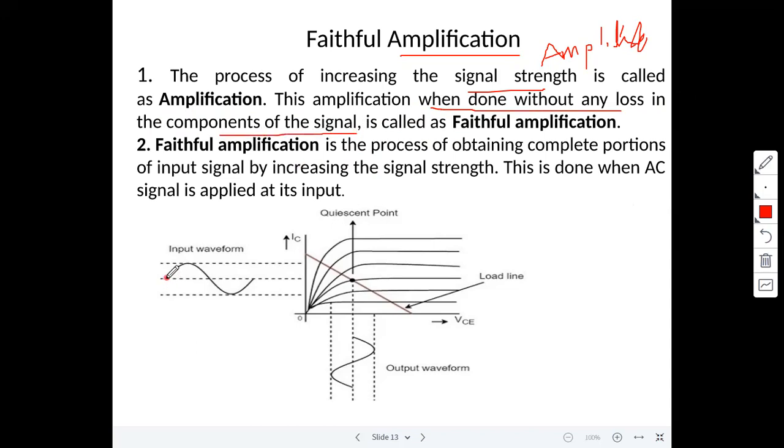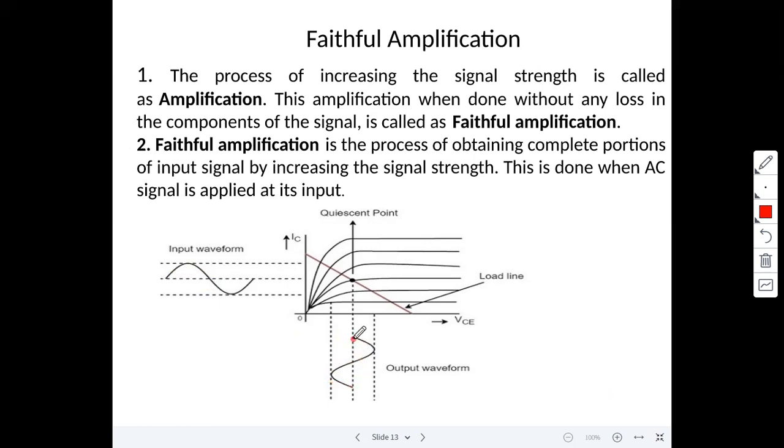Now let us consider this input signal, a sinusoidal input signal. Here is the Q point. We have drawn a DC load line and identified the corresponding IB current. When you plot the IC current and observe the output voltage, the output voltage has the same shape as the input voltage. The input is sinusoidal, and the output is sinusoidal but an amplified version.